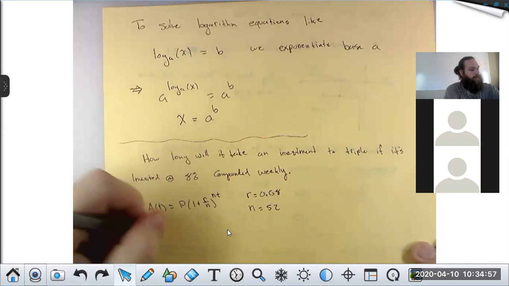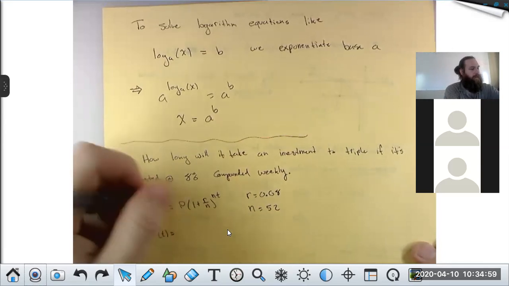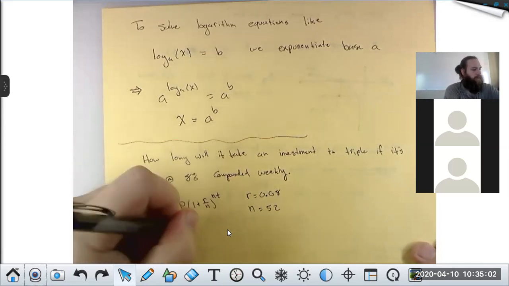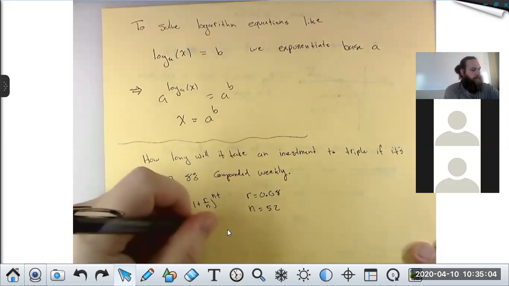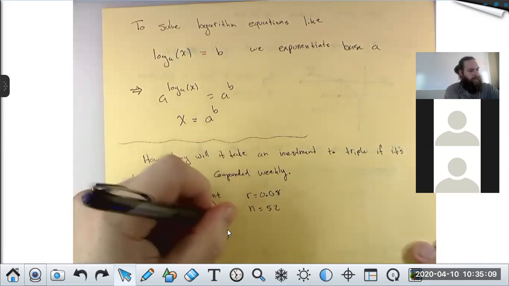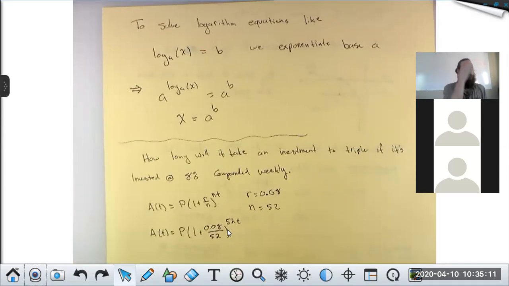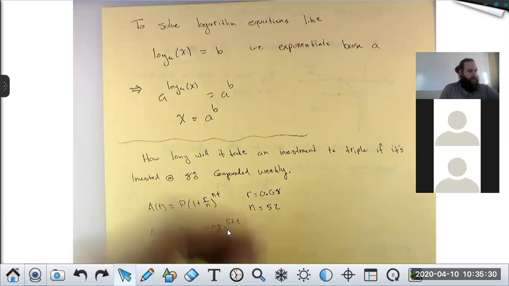So this function A of t, I don't know what P is. They haven't told me how much they're investing, but everything else I do know. And they want to know how long it is going to take for this to triple. Before we get to solving that, let me just simplify this. So 0.08 divided by 52 plus 1, all raised to the, so I'll do this in steps.